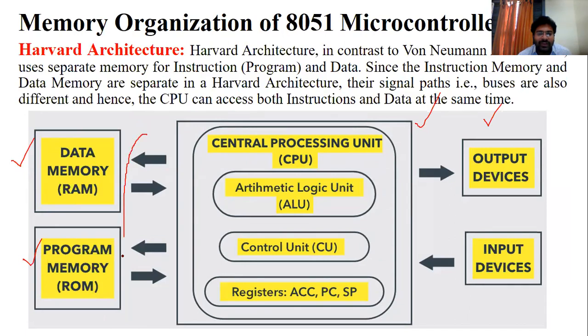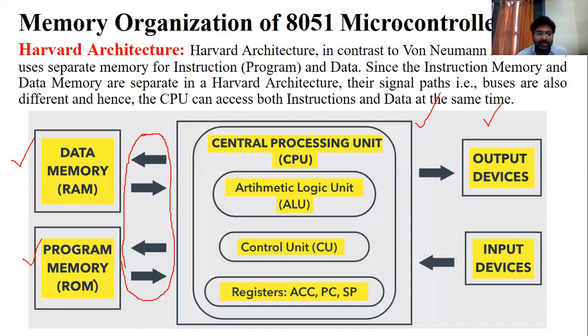For accessing these two memories, we are using different buses. The advantage of this type of architecture is you can access both instructions and data at the same time. So this is the difference between these two.